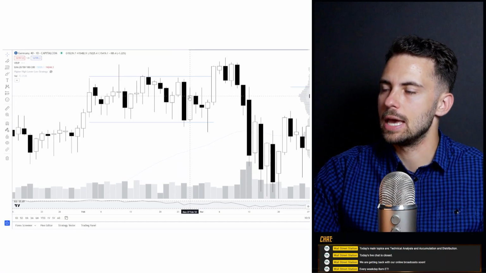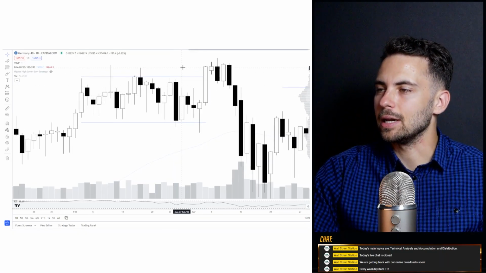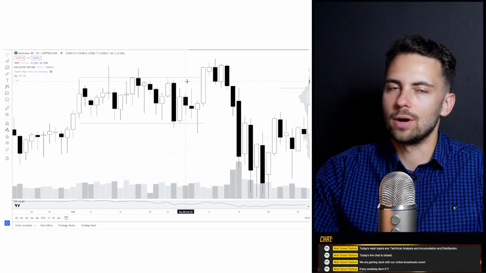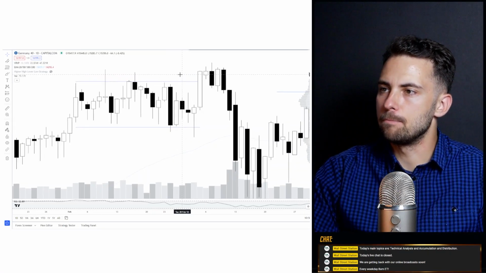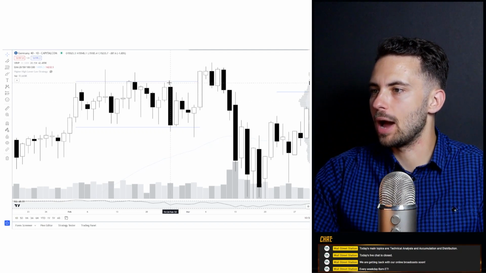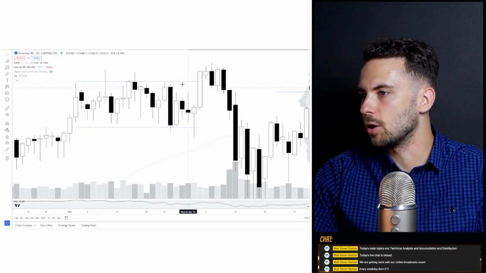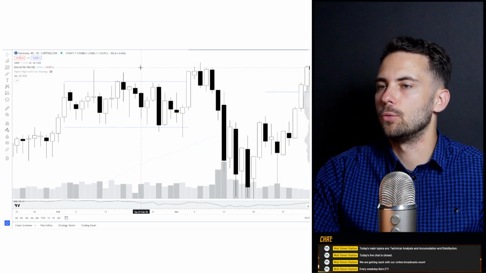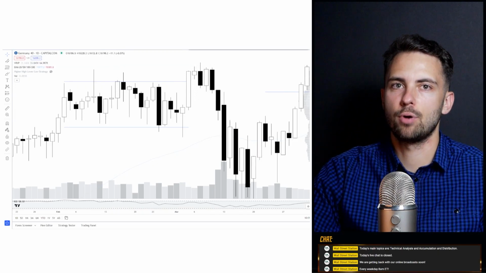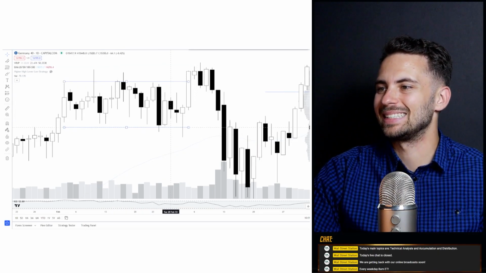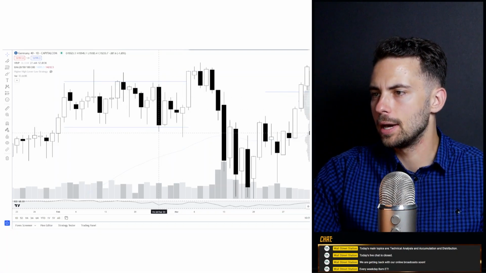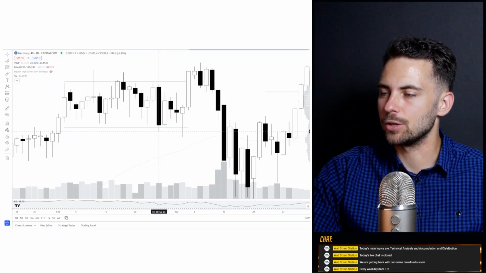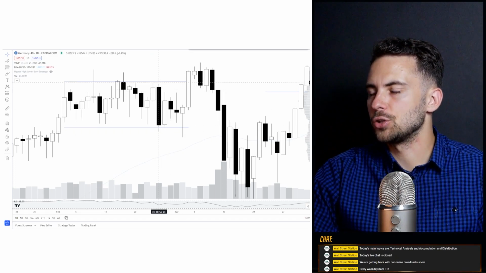Anyway, the market started to push many traders into a trap, as many traders read the market this way and started selling when the market fell below this red candle, this very large candlestick.